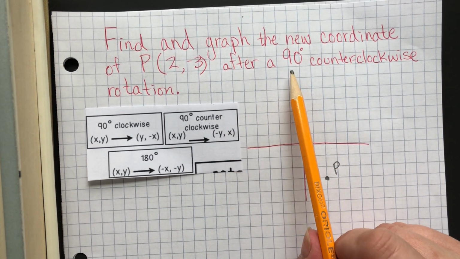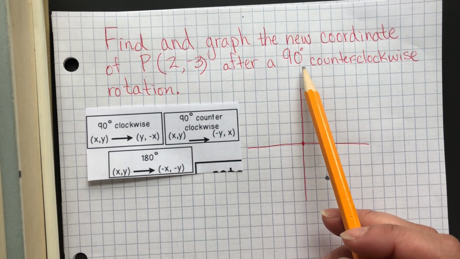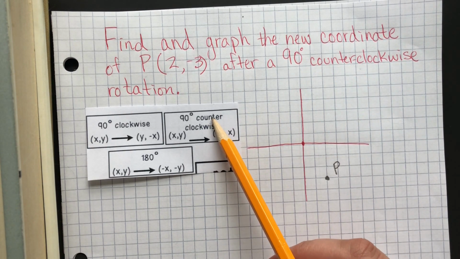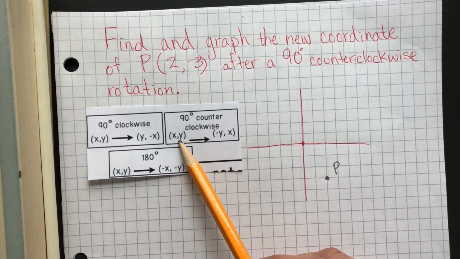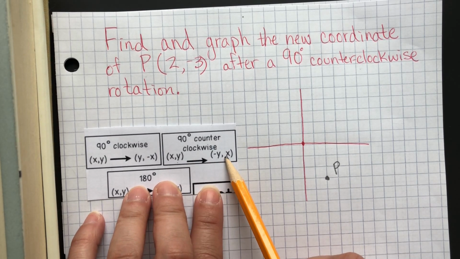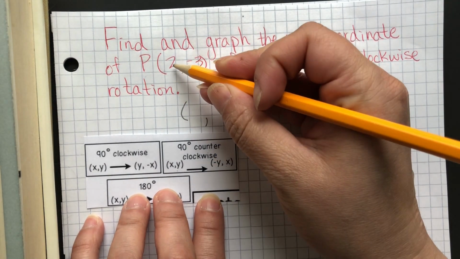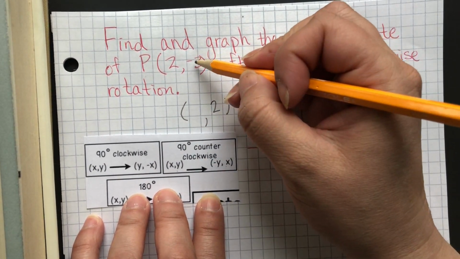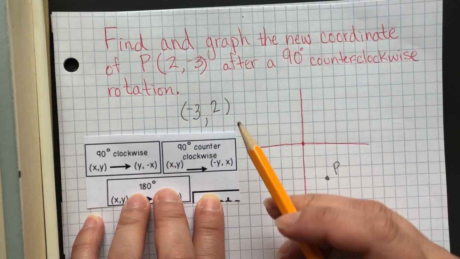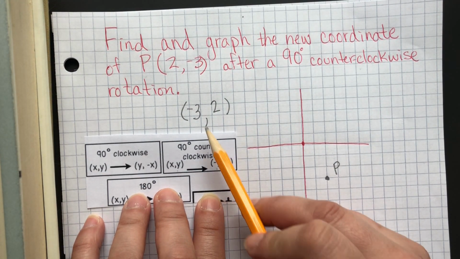We're going to do a 90-degree counterclockwise rotation. So if we look at our rule, 90-degree counterclockwise is this one. So we're going to take our x coordinate and our y coordinate, and we're going to switch them. So I'm going to write down here, this becomes my new y, this becomes my new x, but I have one more change to make, and that's to change the sign on what we placed here.